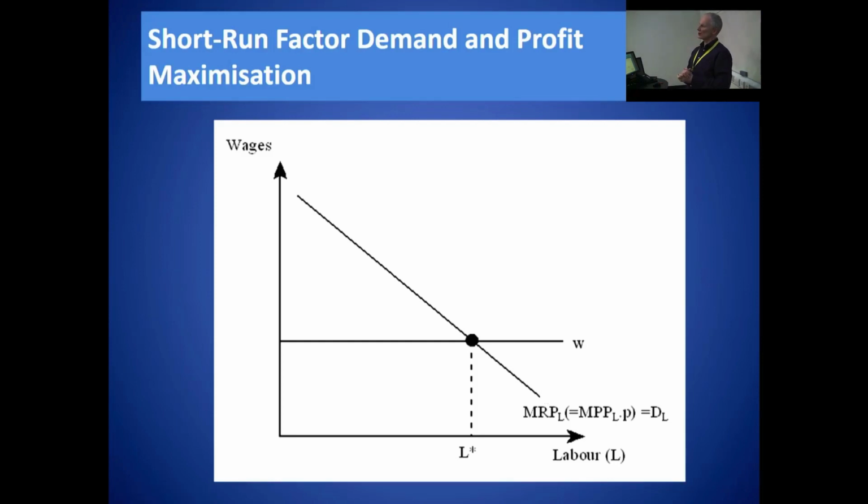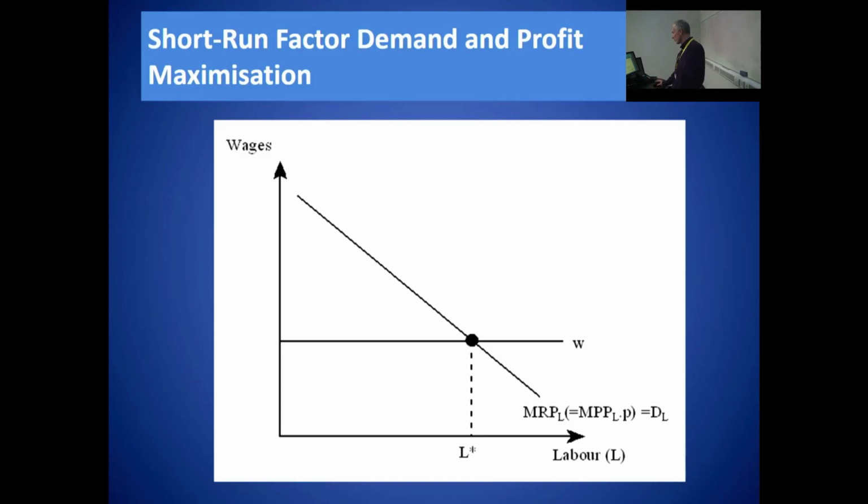Why, though, does it look like that? Well, think about what we found. We said that to maximise profits, a firm should equate wages with the marginal revenue product of labour. Well, let's take a step back. Forget that that is the short-run demand for labour schedule. That schedule, as it slopes downwards, is also the marginal revenue product of labour.